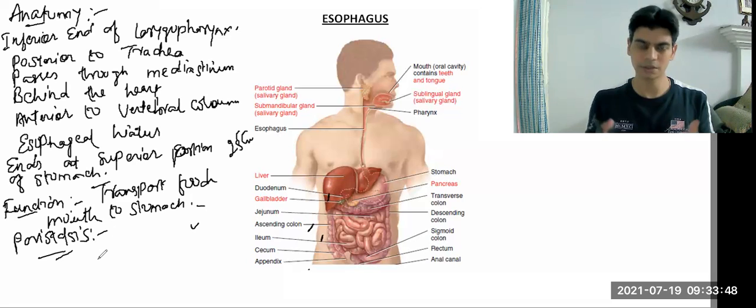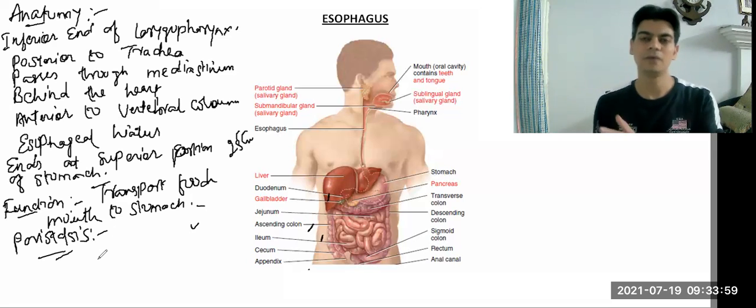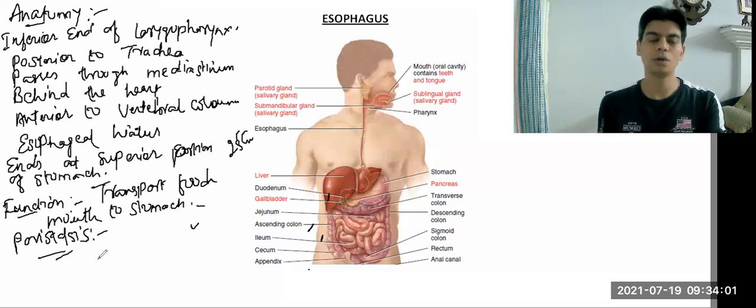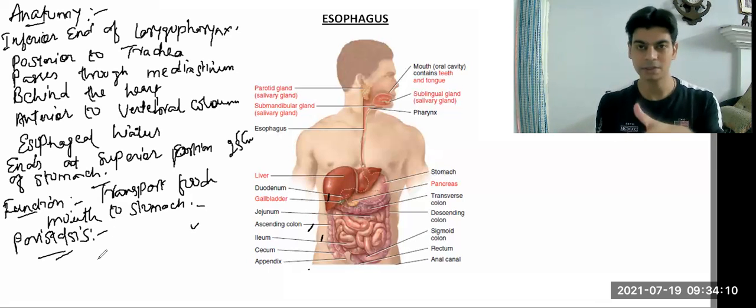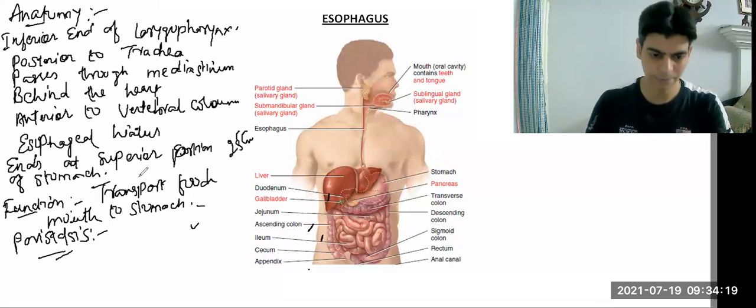The wall of the esophagus, we know it's muscular, contracts and expands on its own. Since it's doing so on its own, we have no control over this expansion or contraction. We call it involuntary contraction, and this involuntary contraction generates waves. It is these waves that propel food towards the stomach.